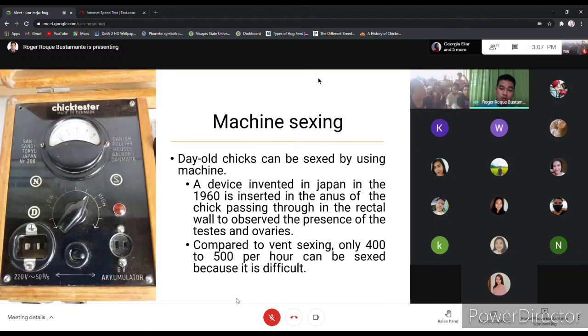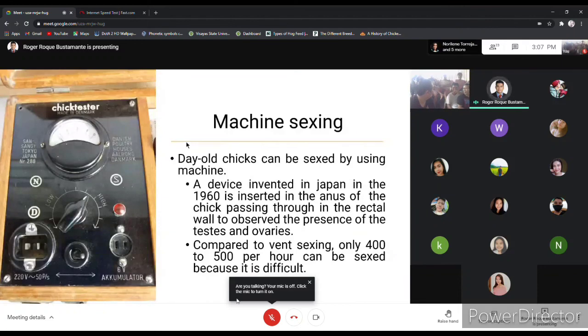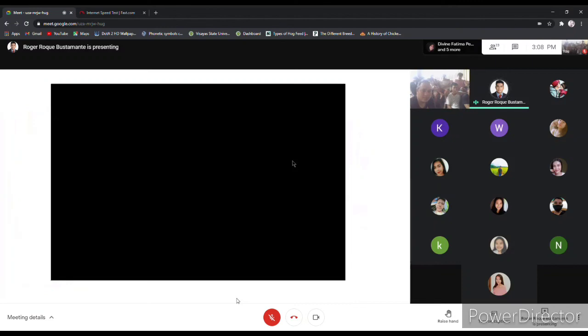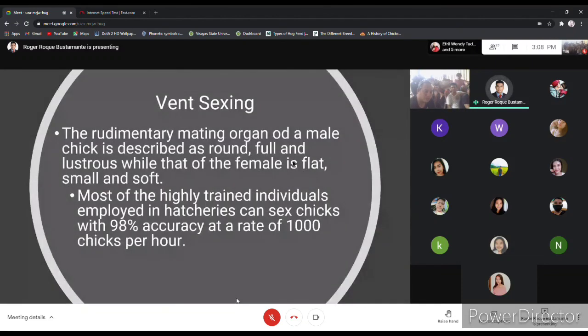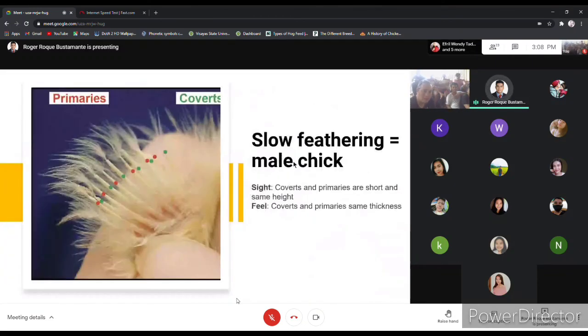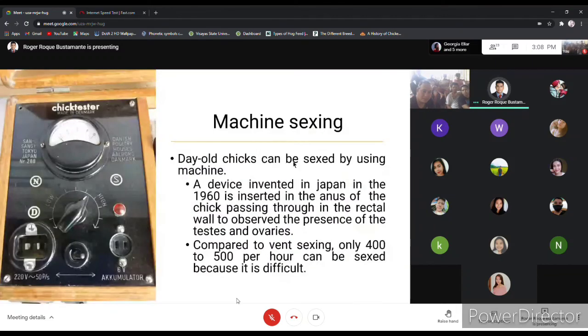If you are not a well-trained technician, it's hard to perform this method. A well-trained technician can reach at least 98% accuracy at 1,000 chicks per hour.